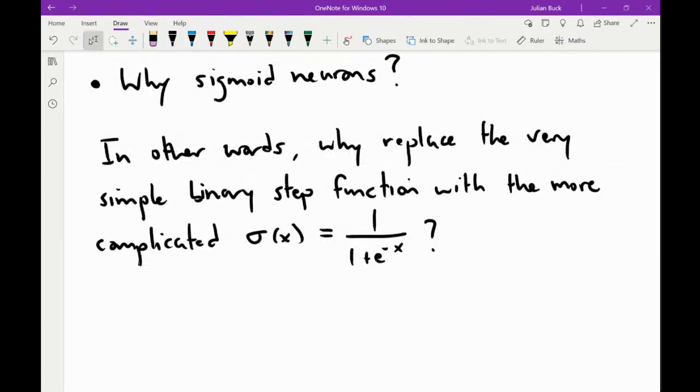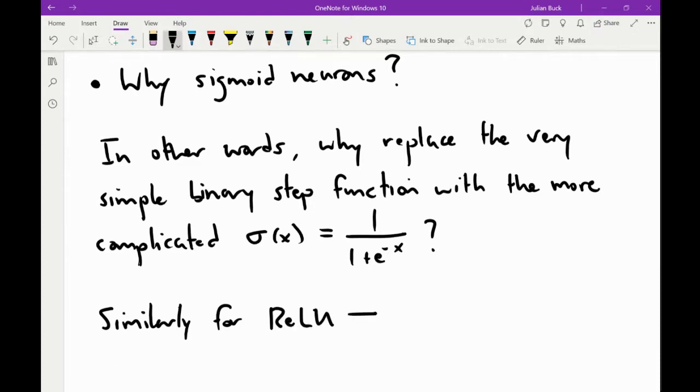And then similarly for ReLU, going from this rectified linear unit to the sigmoid linear unit.